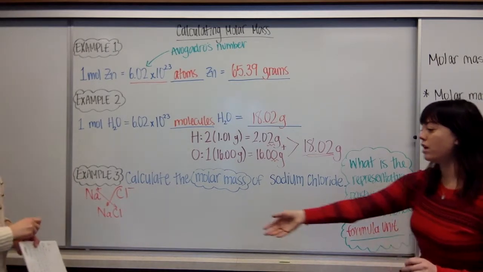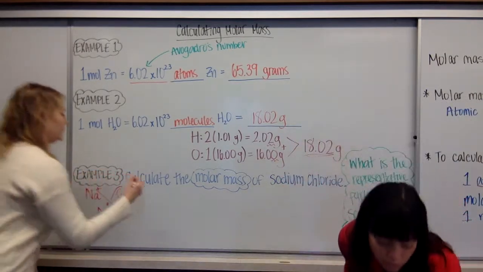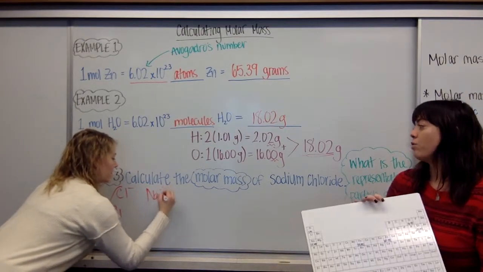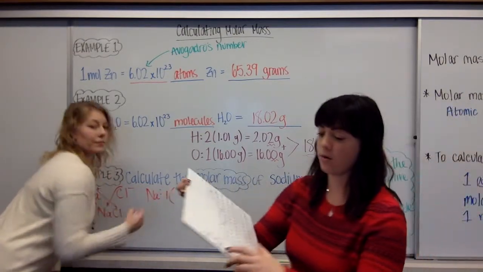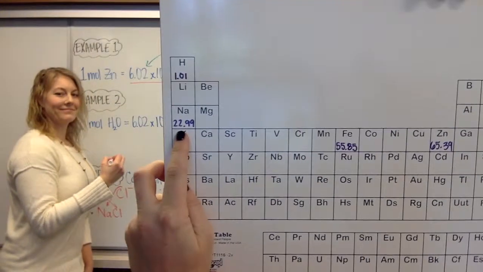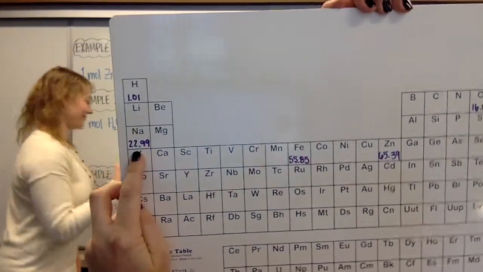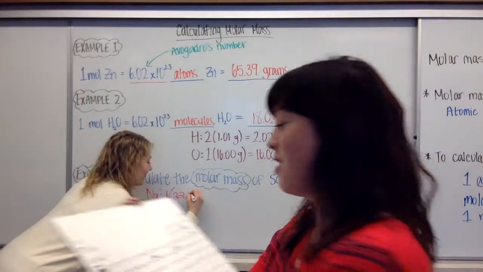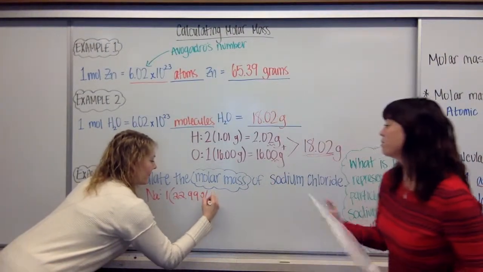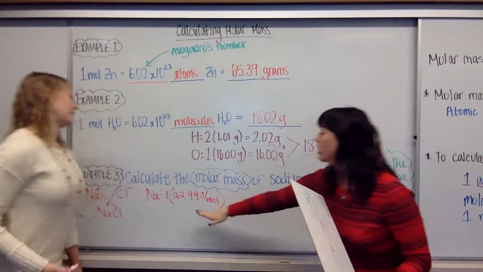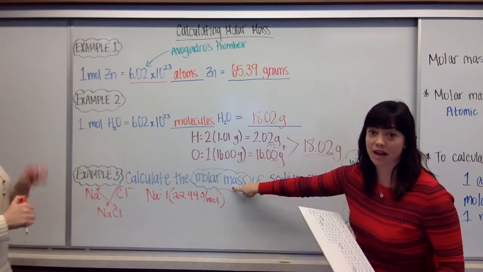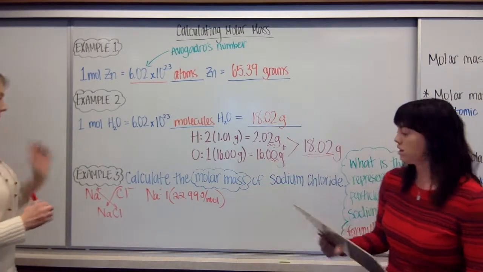So first we're going to write sodium. And we have 1 sodium, and our mass is going to be 22.99 grams per mole. Now we're using grams per mole here because it's asking to calculate the molar mass specifically.